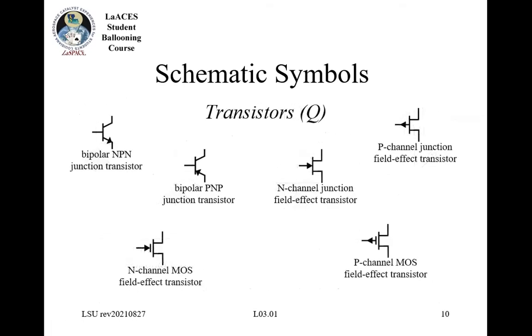The transistors. These are showing two different types of transistors. You can think of both the bipolar NPN junction transistors, or the PNP versions, as well as what we're calling the MOSFET or field effect transistors.